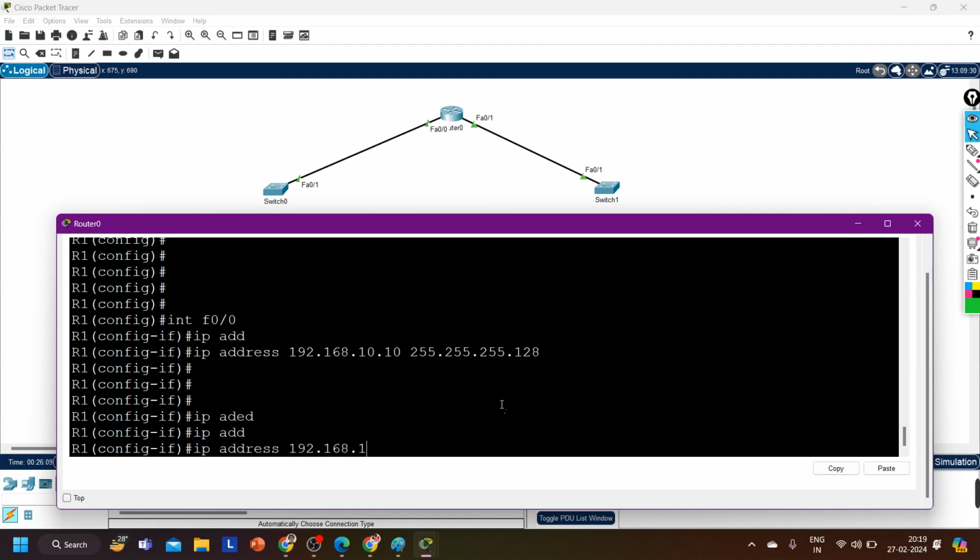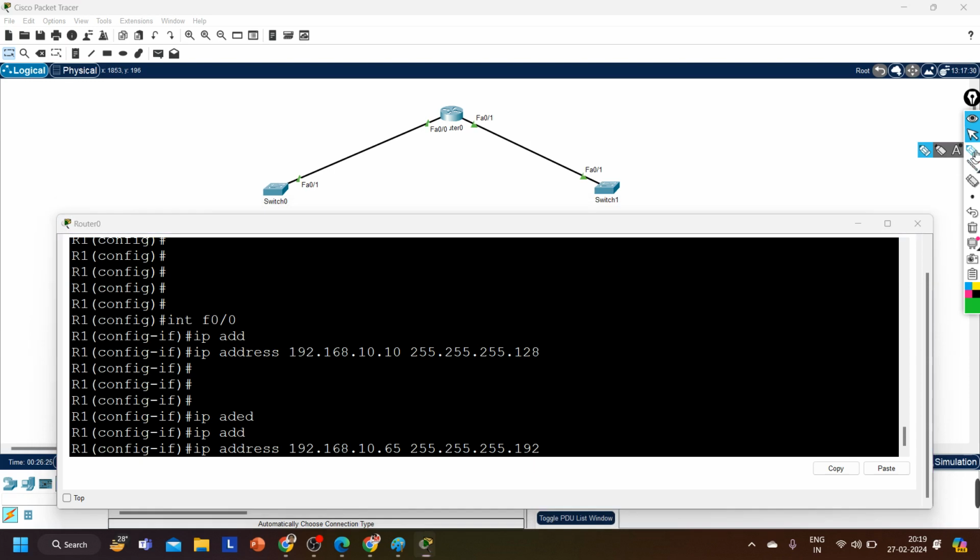What we have seen is that in both conditions the subnet mask was the same for both networks. 192.168.10.0 has subnet mask 255.255.255.128, and the other network 192.168.10.128 has the same subnet mask.